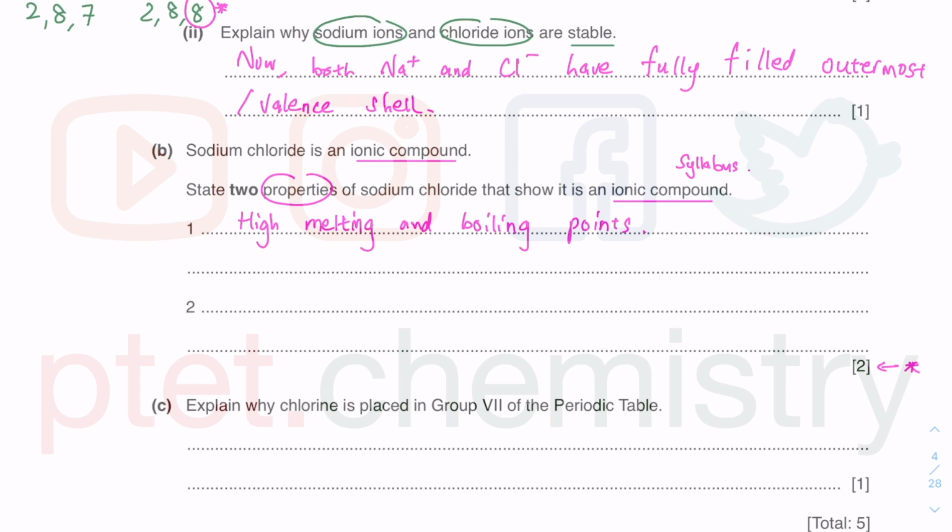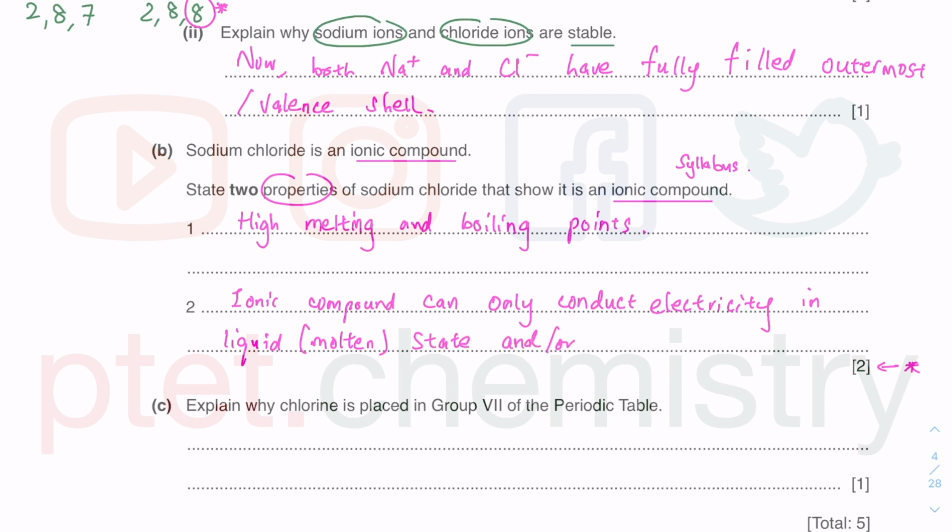And another mark is that ionic compounds can conduct electricity. You do not conduct electricity when you are solid, because the ions cannot move, they are not free to move. They can only conduct electricity in liquid, basically molten state, or when dissolved in water. When you dissolve in water, that is called aqueous state, aqueous solution.